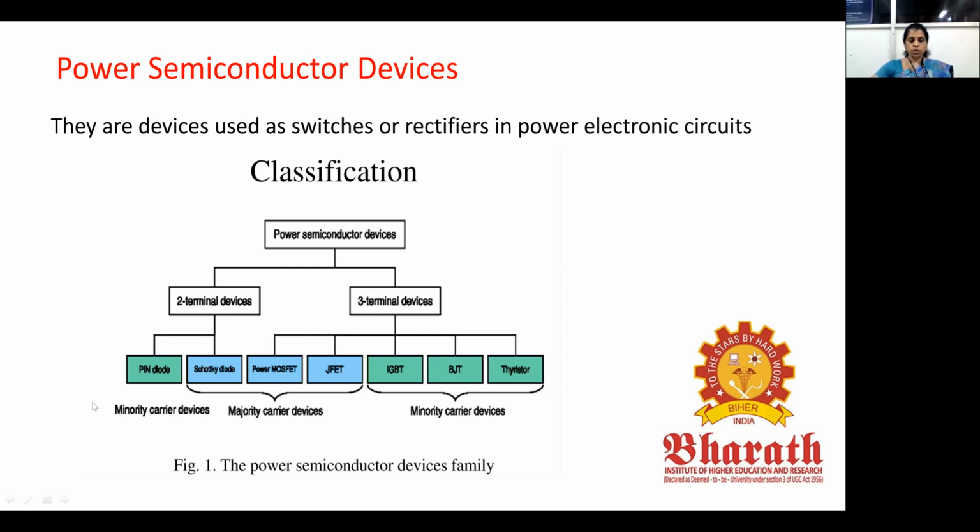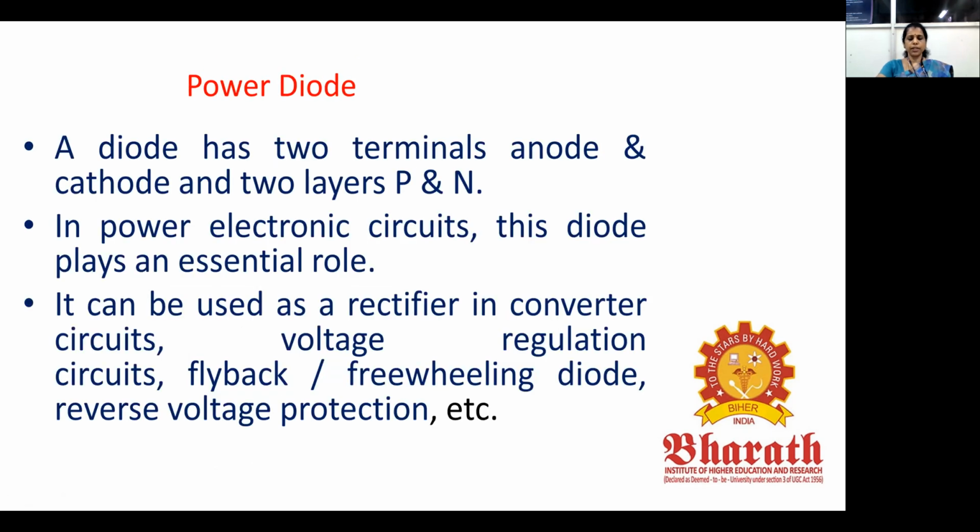Under two-terminal devices, we have the diode, Schottky diode, and some other types of diodes also. Under three-terminal devices, we have MOSFET, JFET, IGBT, BJT, and Thyristor. In this, diodes, MOSFET, and JFET come under majority carrier devices, and IGBT, BJT, and Thyristor come under minority carrier devices.